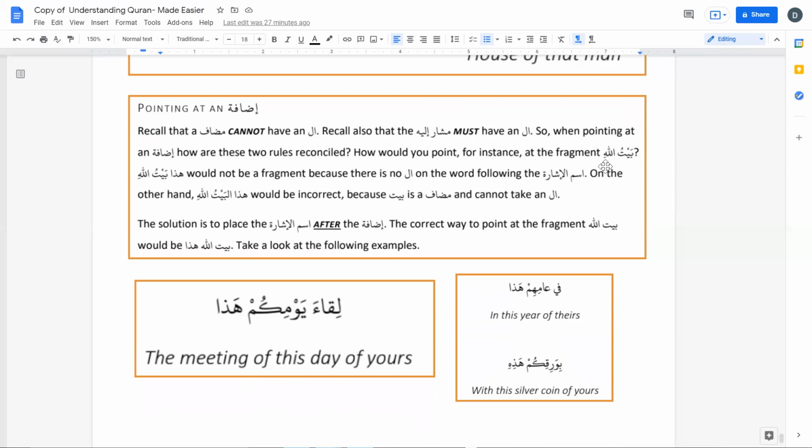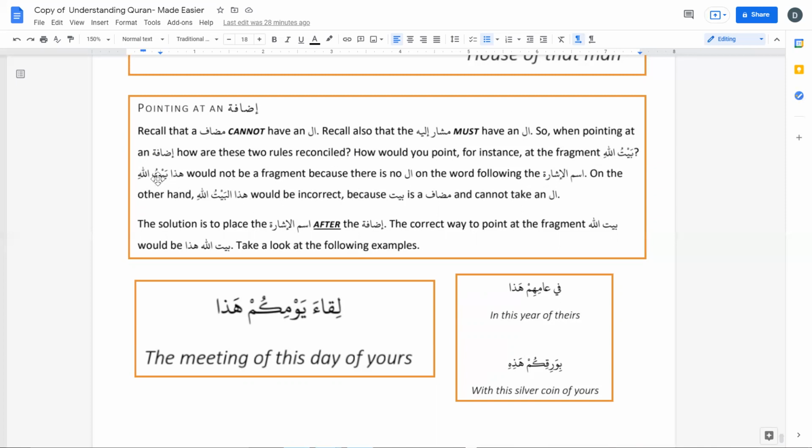But if we need to point at the idafa fragment, then we are going to say Baytullahi hadha. This, the house of Allah.